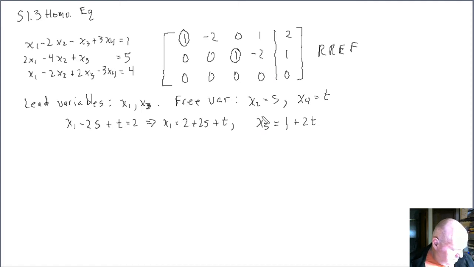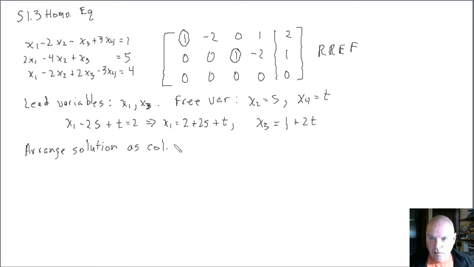I'm going to arrange the solution as a column vector, which we'll call X bar. I think in the textbook it typically uses bold notation to represent vectors.